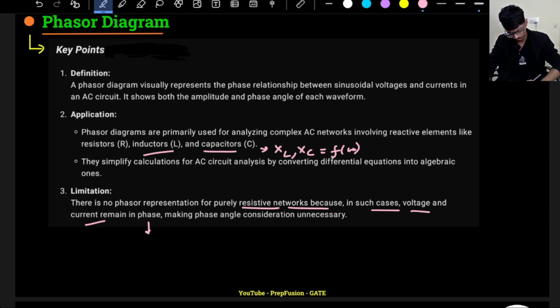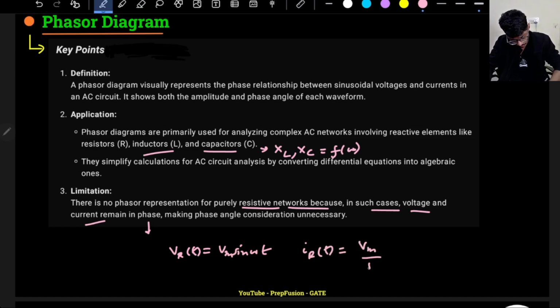In a resistance there is no concept of phasor. Why? Because if I know the voltage across a resistor, let's say VR of t is Vm sine omega t, then the current will just be a scalar multiplication, divided by the resistor. So it will be Vm by R sine omega t. There is no phase shift.